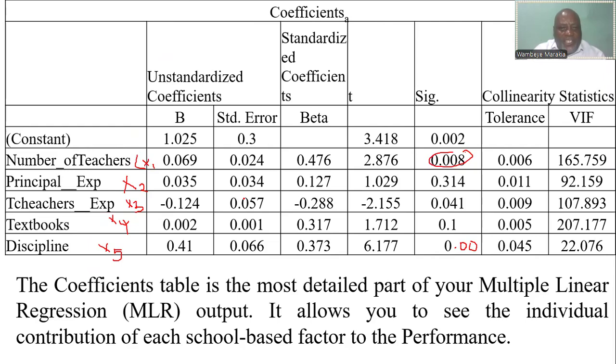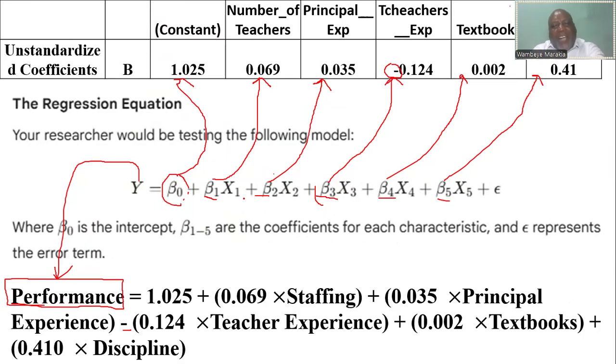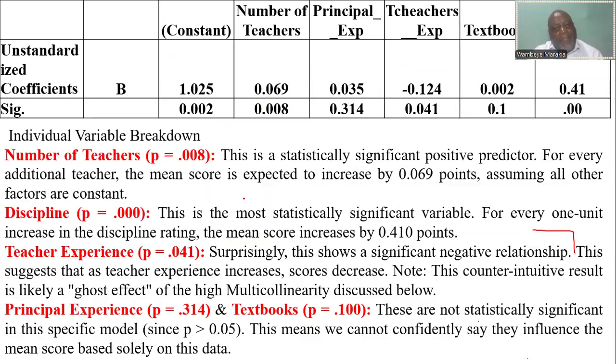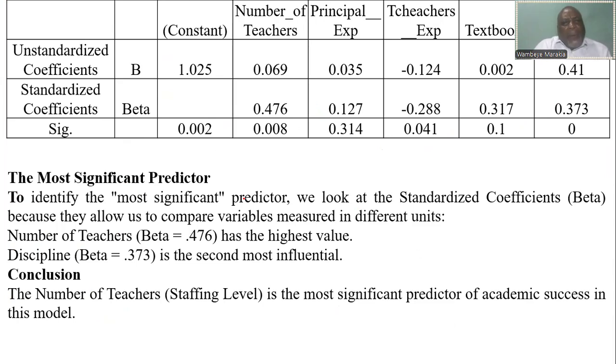Then after you have finished that, we have come up with our model. We have looked at the results and seen how they are. We look at the most significant predictors, and we say the number of teachers is significant, and the teachers' experience is significant, and the discipline.